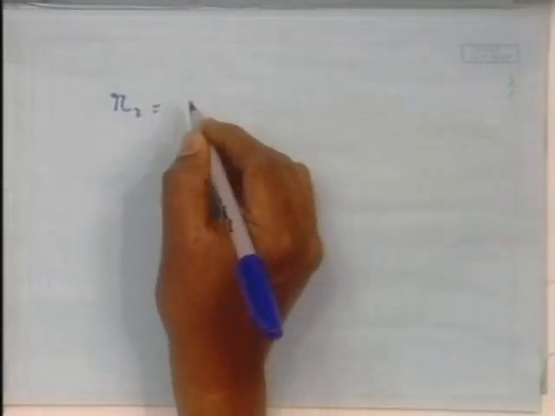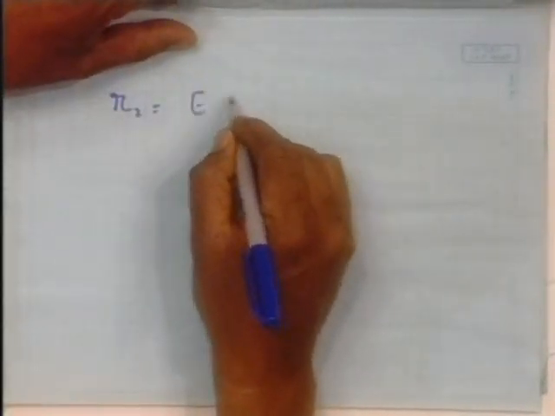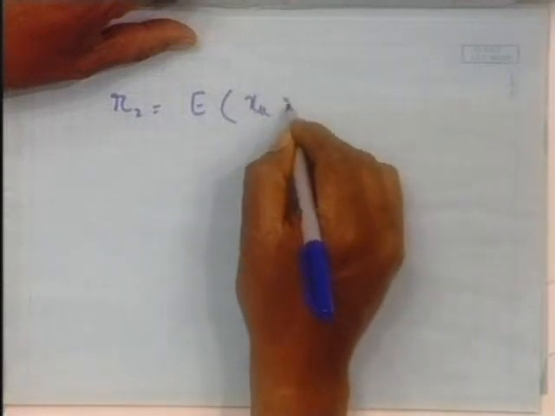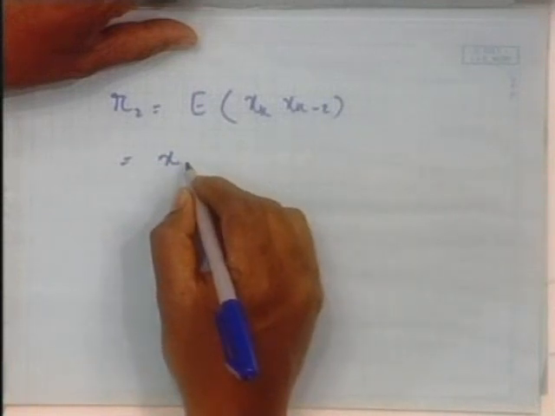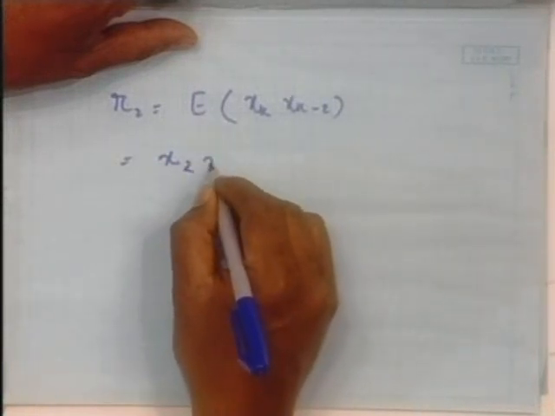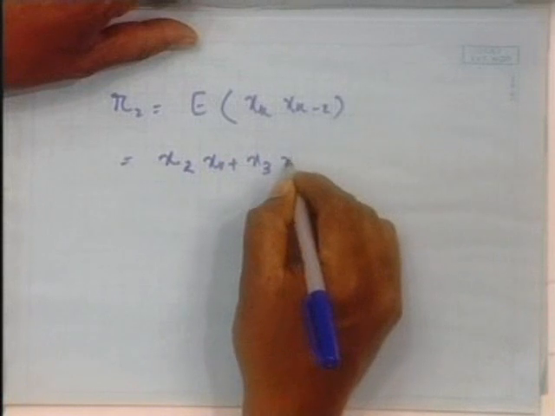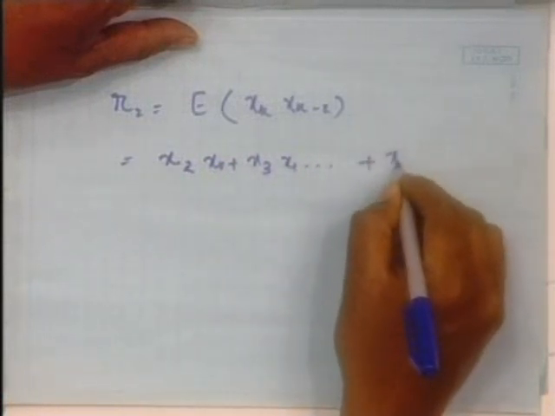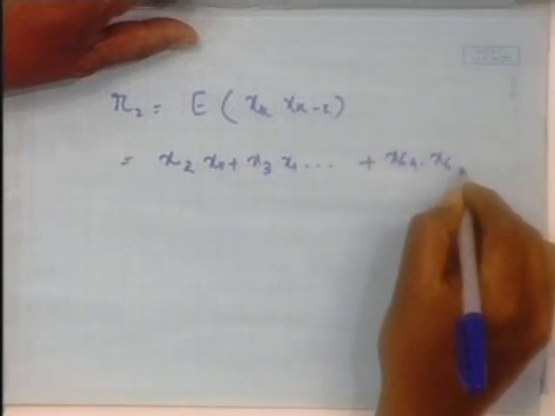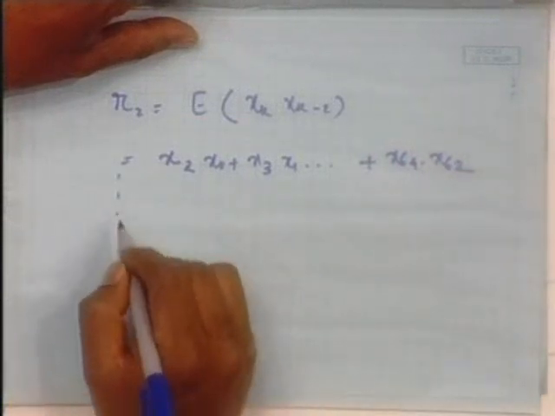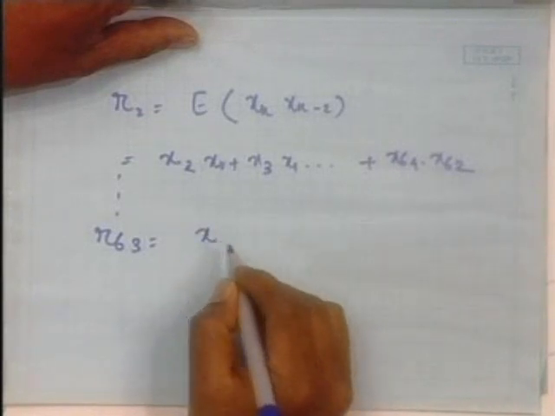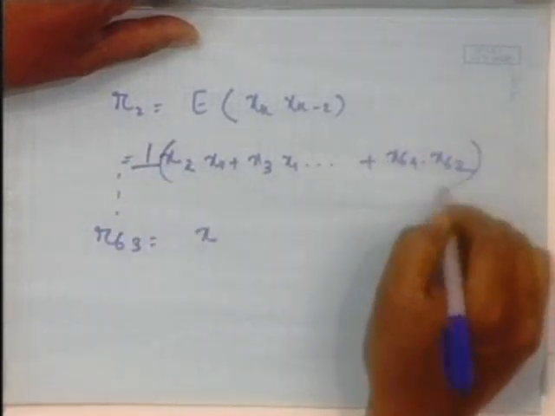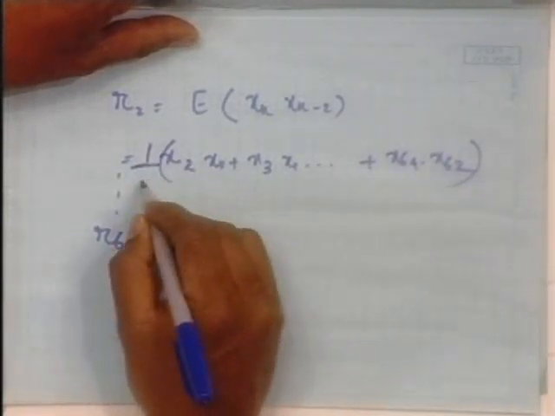Similarly, what will be R2? R2 will be the expected value of xk into xk minus 2, so this will be x2 x0 plus x3 x1, up to x64 into x62, and so on and so forth. Divided by the number of terms, nt, let us say.